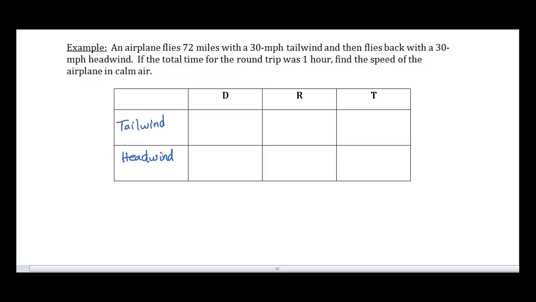A tailwind is the wind that's blowing to the tail of the plane first. So with the tailwind, we also get a boost. A headwind is the wind that hits the head of the plane or the front of the plane first, so we actually get a resistance.